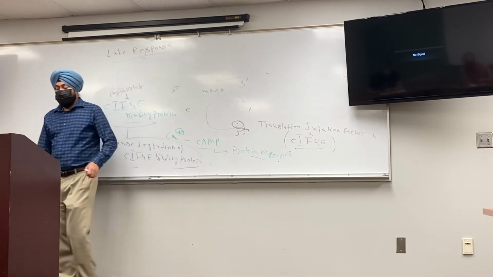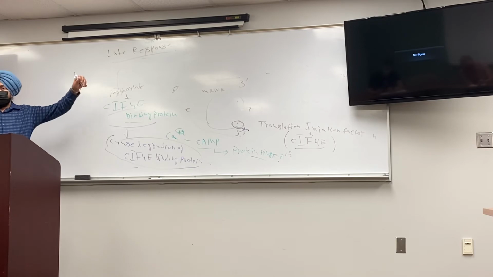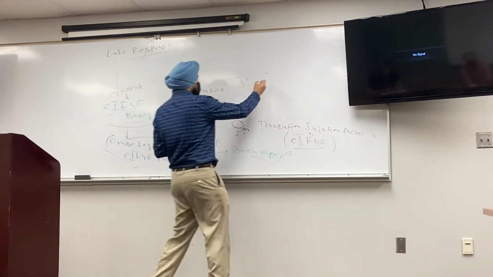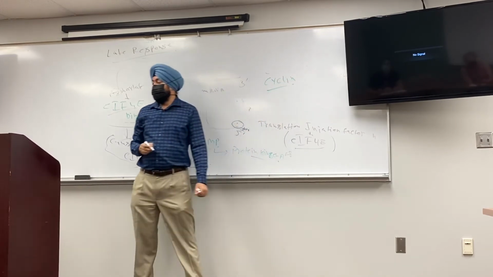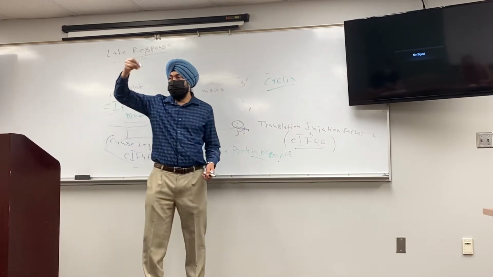Now, we talked about tubulin and those things; the other protein which is made is cyclin. Remember, we know about the cyclins, right? Cyclin proteins regulate the cell cycle.